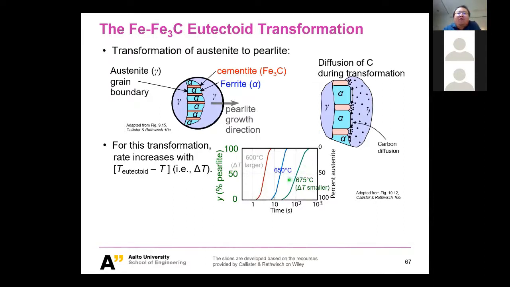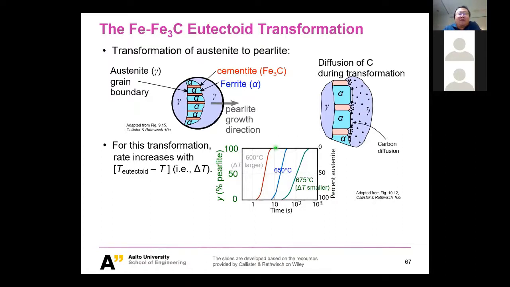But if you cool it further, so you decrease to 650 and even 600, when the delta T is becoming large, now you can see the transformation is reached really fast. Yeah? The full transformation time is decreased by orders of magnitude. So here you have almost 1,000 seconds, and here you have even less than 10.